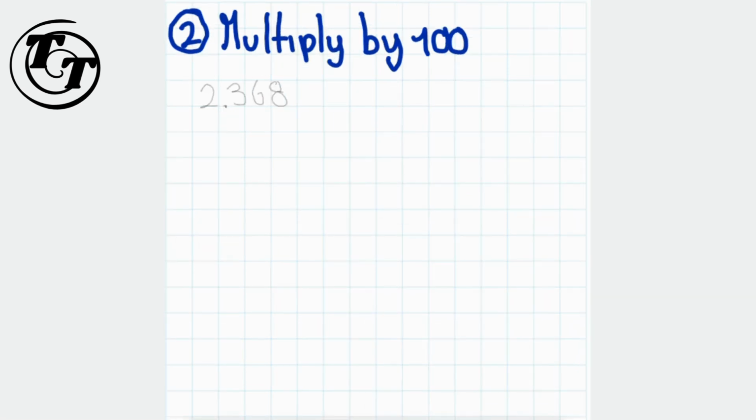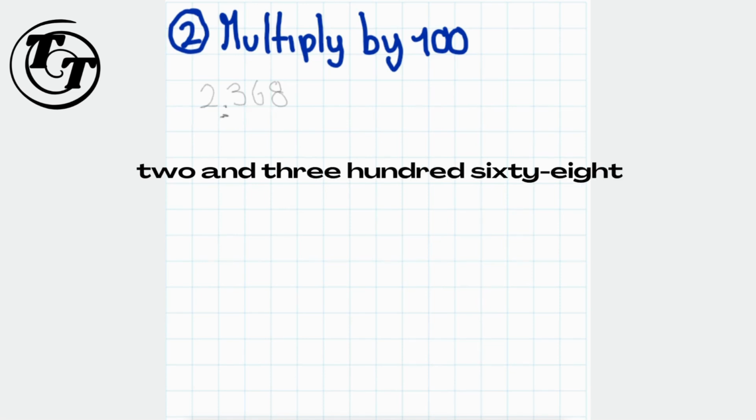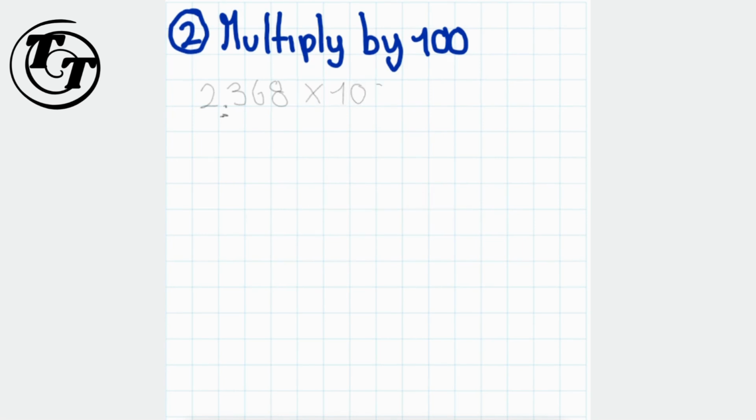Let's see what happens when multiplying by 100. So we've got 2 and 368 thousandths multiplied by 100. And so we know when multiplying, we move to the right. How many times? Twice, because there are two zeros.